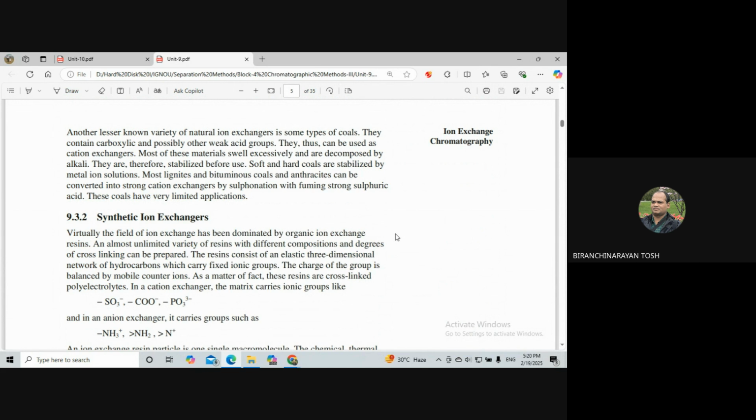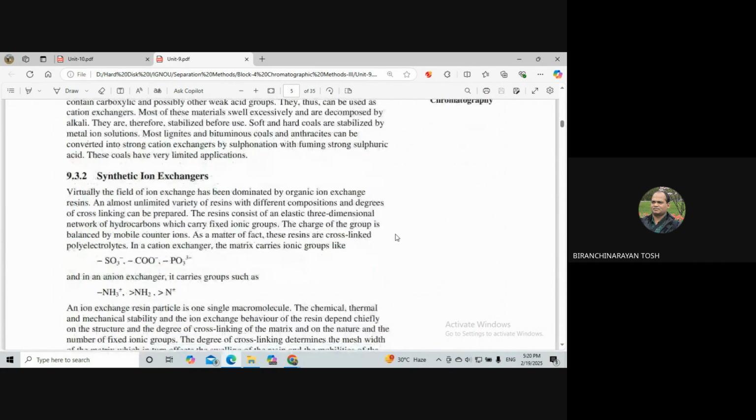They are therefore stabilized before use. Soft and hard coals are stabilized by metal ion solutions. Most lignites, bituminous coals and anthracites can be converted into strong cation exchangers by sulfonation with fuming sulfuric acid. These coals have very limited applications.